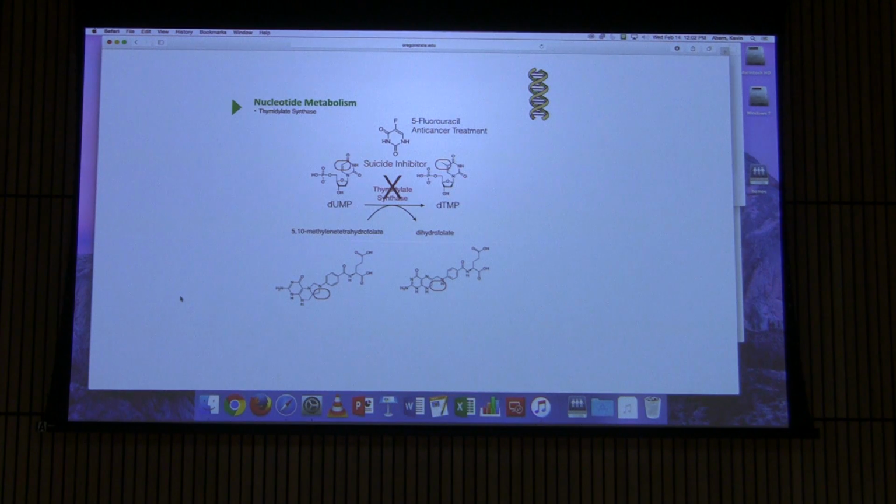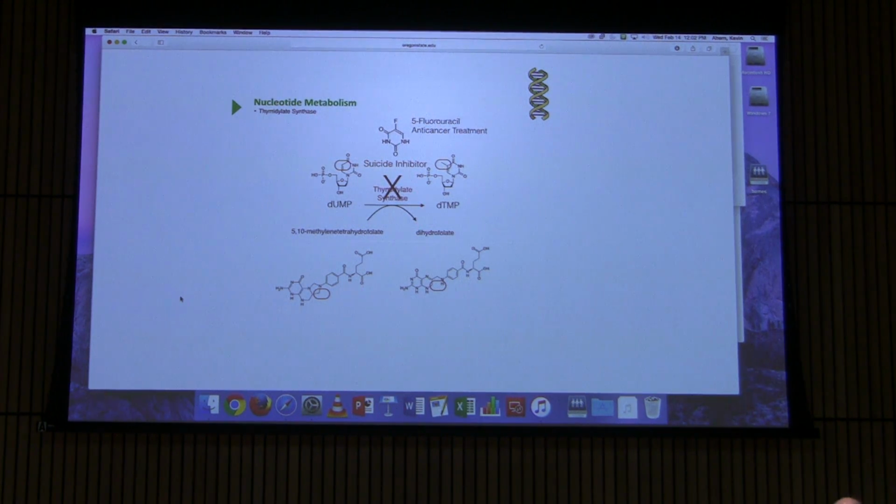And this makes really good sense because what do cancer cells have to do? They have to divide. And if they have to divide, what do they need? They need nucleotides. Specifically, they need deoxyribonucleotides. And if they can't make thymidine, they're hosed. So inhibiting this enzyme is one approach to stopping cancer cells.